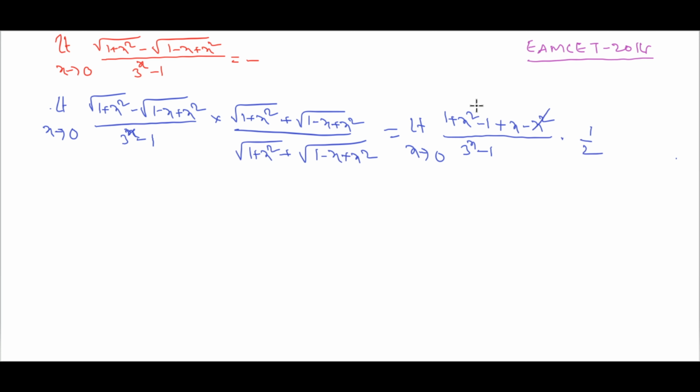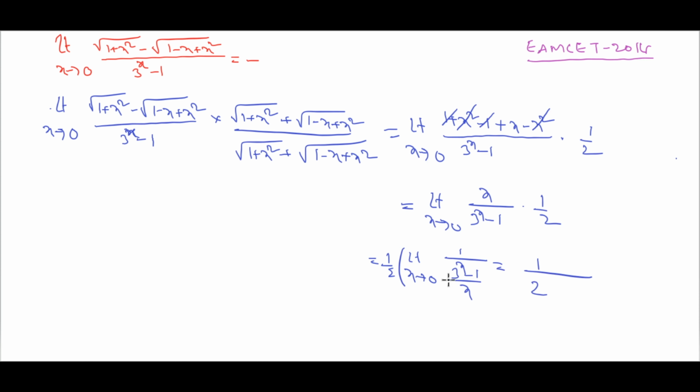So here x square cancel, minus 1 plus 1 cancel, that is equal to limit x tends to 0, x by 3 power x minus 1 into 1 by 2, that is equal to 1 by 2 into limit x tends to 0 of 1 by ((3 power x minus 1) by x), that is equal to 1 by 2 into, this total value is log 3, that is equal to 1 by 2 log 3. This is written as 1 by log 3 square. So 1 by log 3 square is log 9.